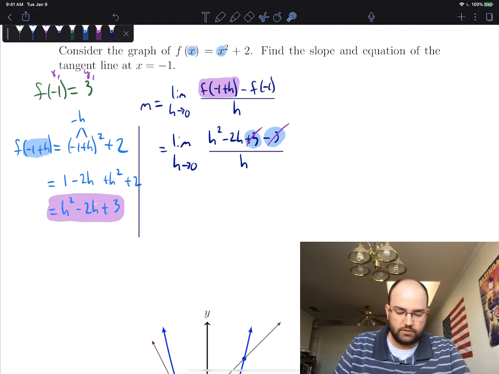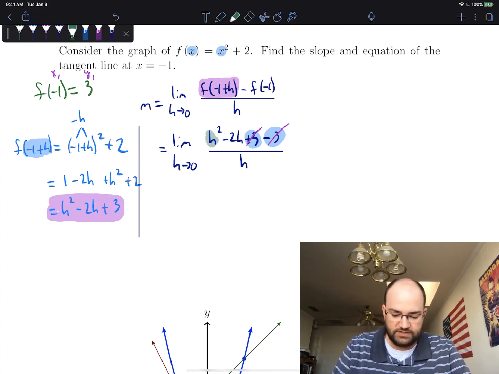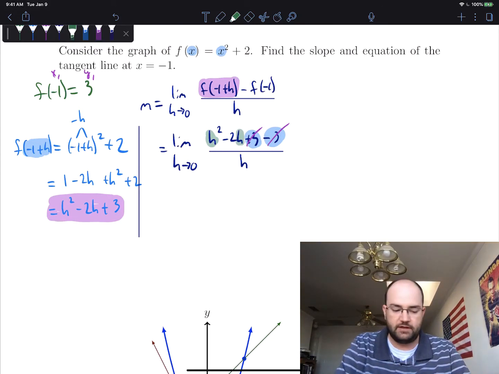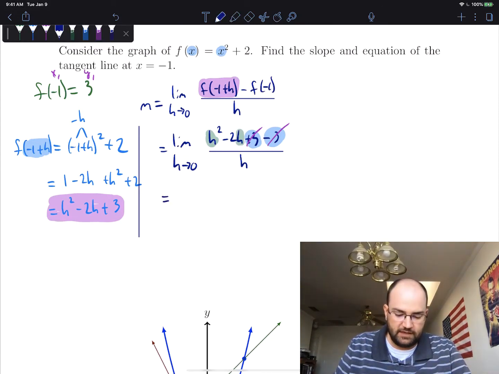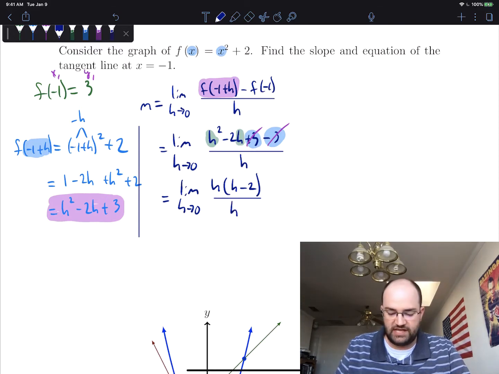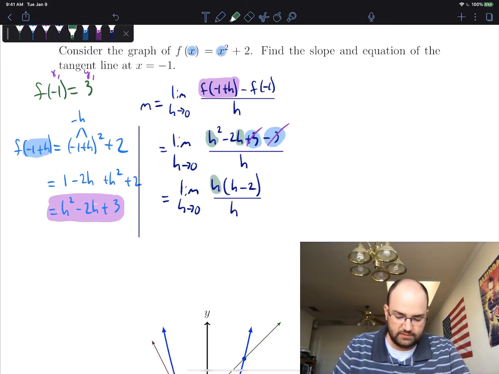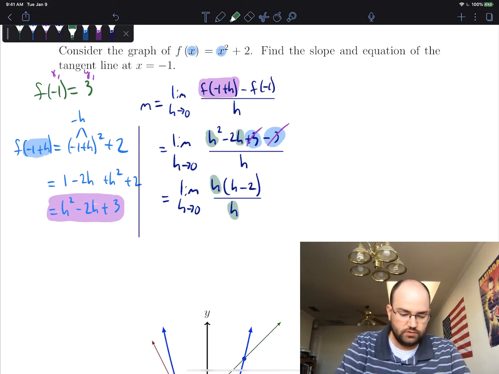In the numerator, notice that there's a common factor of h here and h here. We can factor that out. Whenever we factor that out, that gives me the limit as h goes to 0 of h times h minus 2. In the denominator is still just h. But again, notice the h and the h cancel each other.